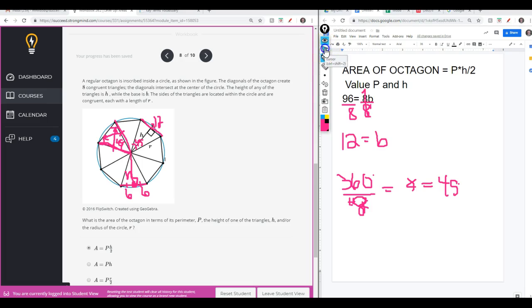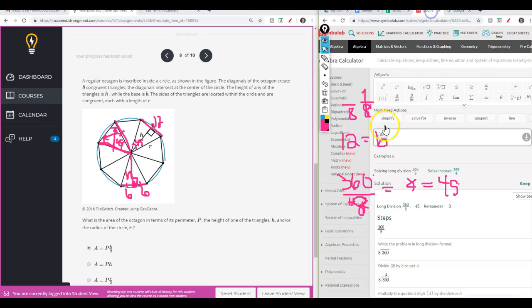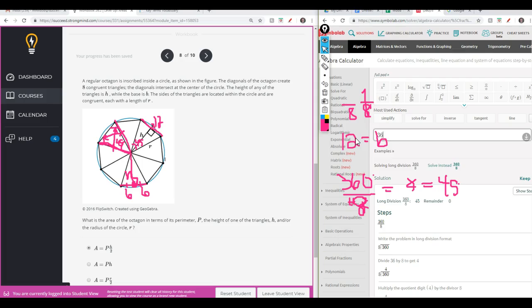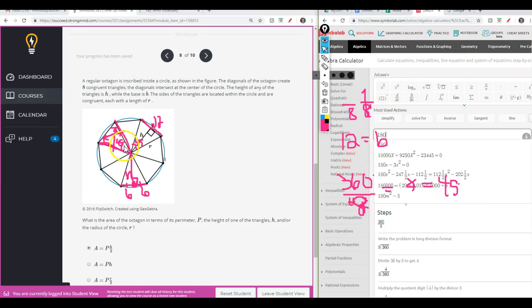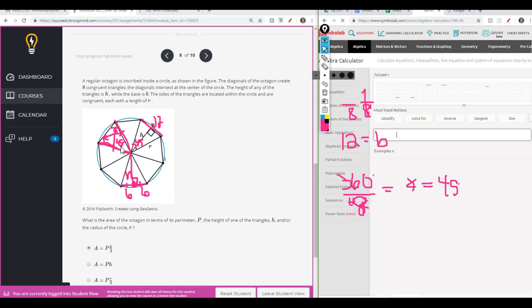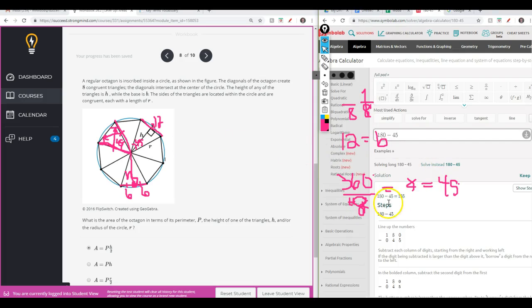So I know that in a triangle we have 360 degrees, and nope, sorry, in a triangle we have 180 degrees. I know this angle right here is 45 degrees, so I'm going to subtract 45 from it. That leaves me 135 degrees for both of these angles.